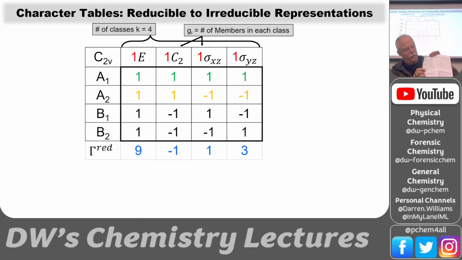You see under that 2C3, there's 2 of those. So g_i for that would be 2. The sigma planes, there's 3 of those. So the g_i would be 3 for that. Okay. But in water, every one of our symmetry elements just has a single member in each group. Okay. Do you see that under the 3 sigma V's or the 2 C3s on the C3V character table? Yeah.